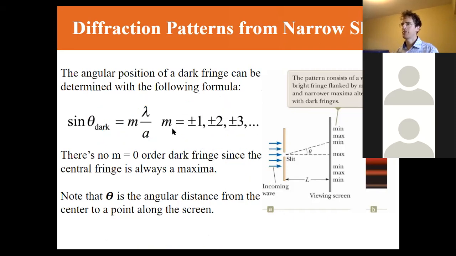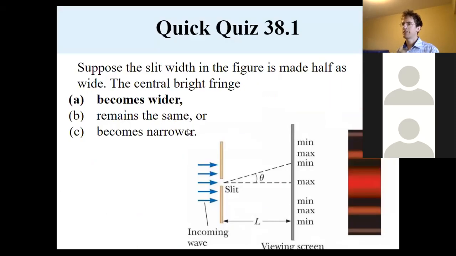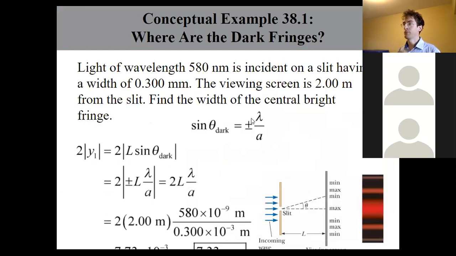But the small angle approximation is valid. And there's an example here where, if you want to find the width of the central slit, you just do 2L sine theta.